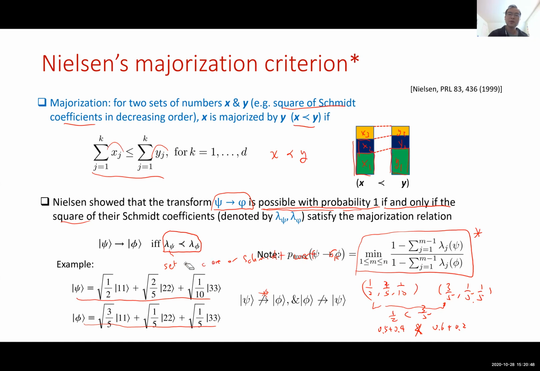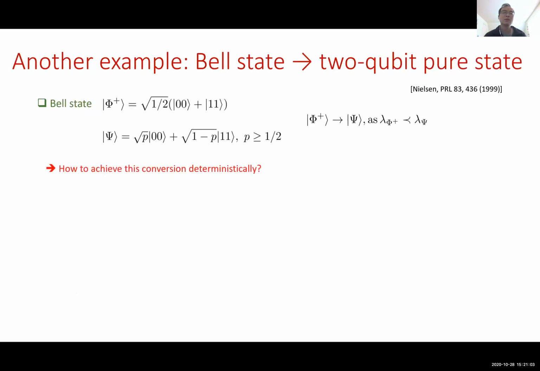But they can be done in some non-deterministic way, but that's related to this. Let me not go into that. But I want to come back to the original question. So I have a failed state, and I have a state which is not so entangled, and I change the coefficient to square root p and square root of 1 minus p, because they have to add up to 1.